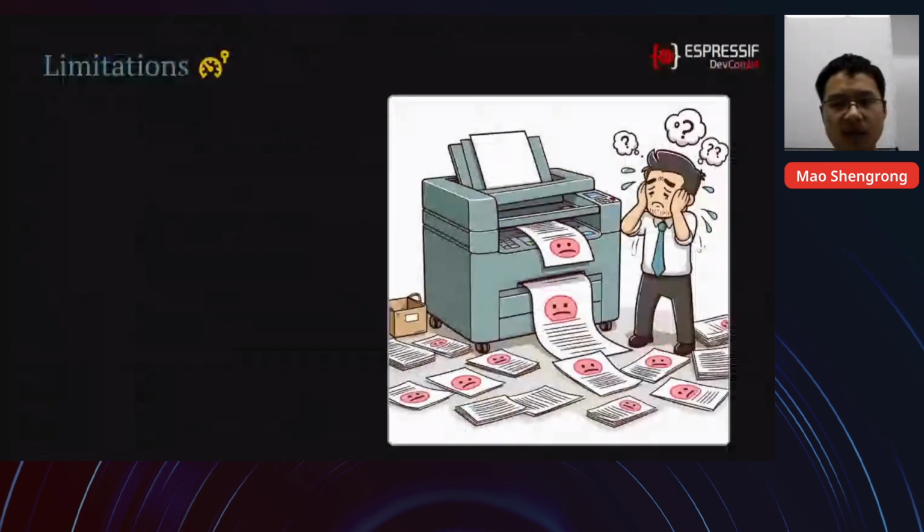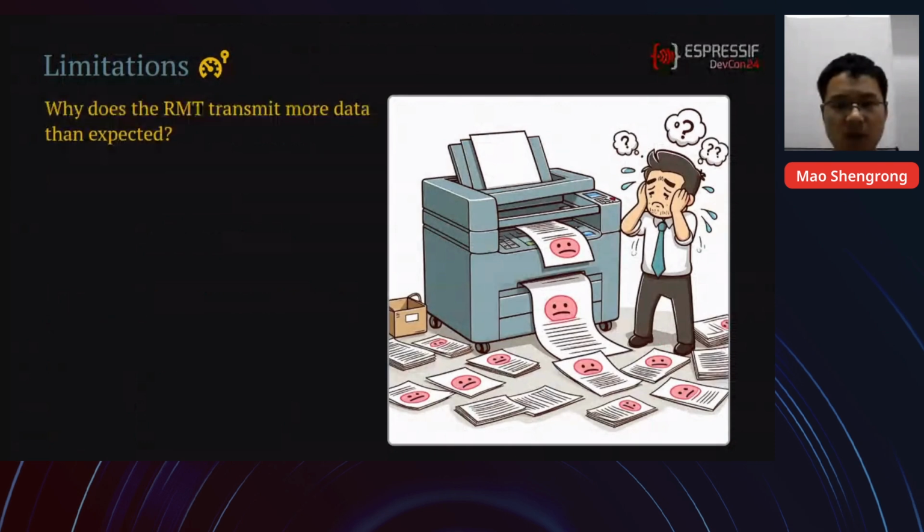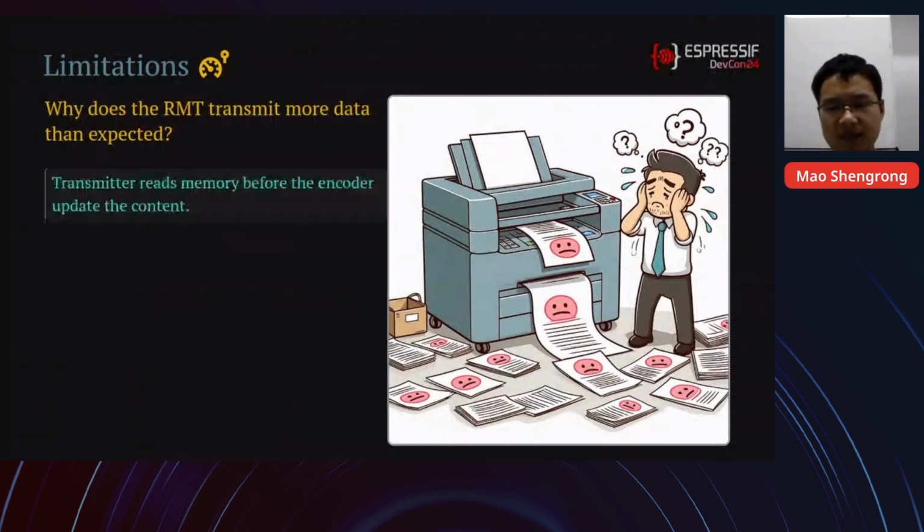All hardware has its limitations, and RMT is no exception. During the development of the RMT encoder, we might encounter this issue. Why does the RMT transmit more data than expected? The root cause is the hardware transmitter reads from the memory before the encoder updates it.